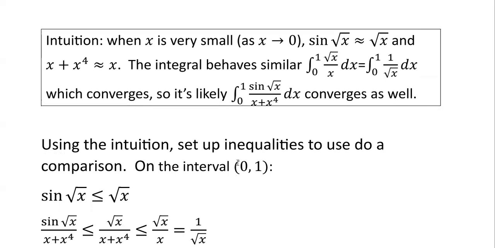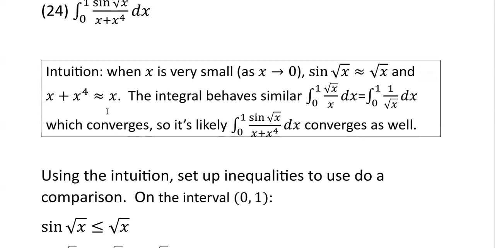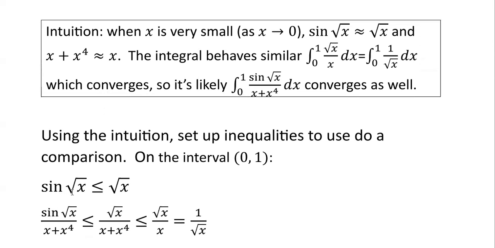On this specific interval from 0 to 1, that's our limits of integration, sine of square root of x is less than or equal to square root of x. Hopefully we can understand this. Even just sine of x, pretend the square root's not there.